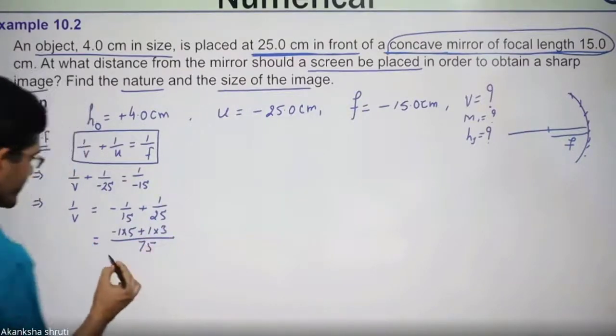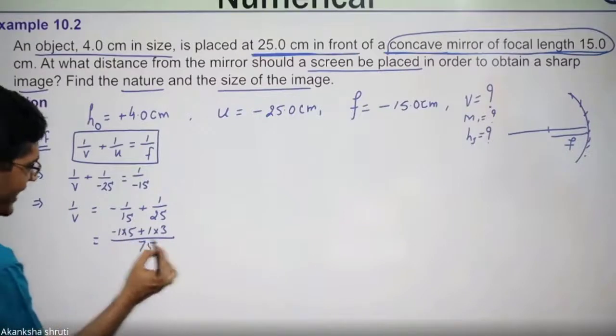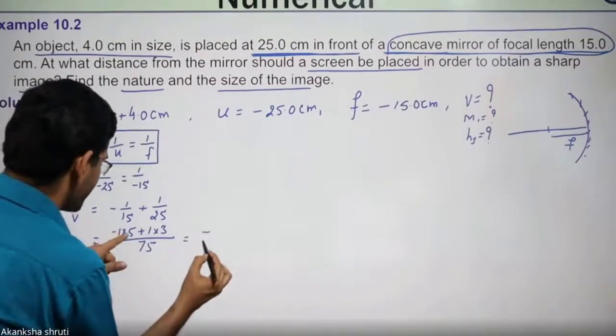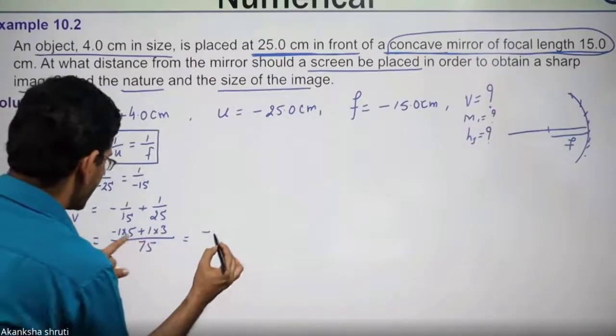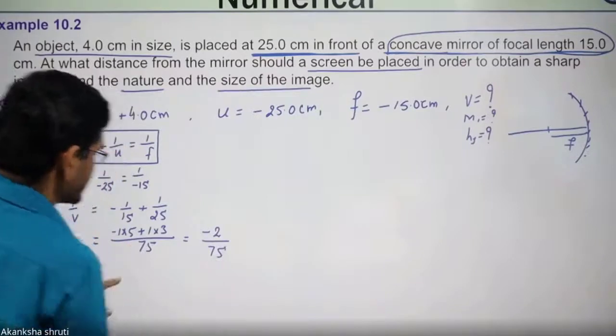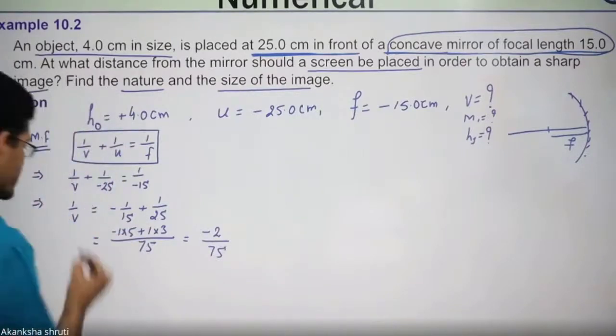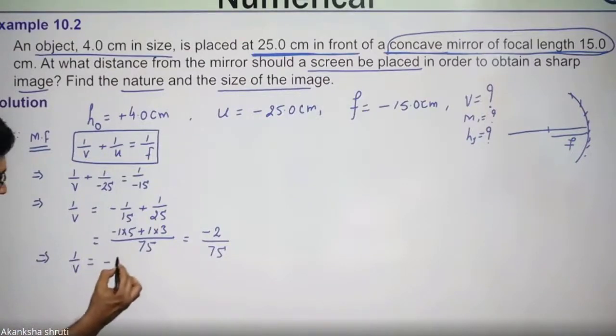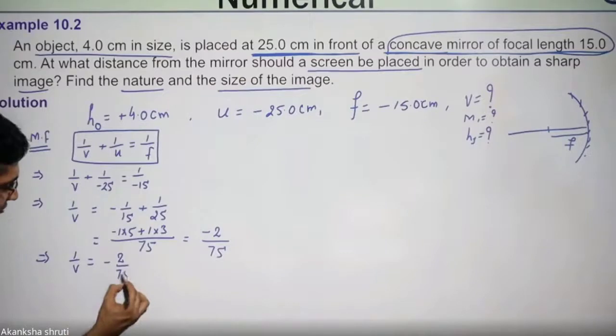Solve it carefully: it is minus 5 plus 3, so it is minus of 2 by 75. I hope all the students are getting this. This is 1 by V, so 1 by V is minus of 2 by 75.